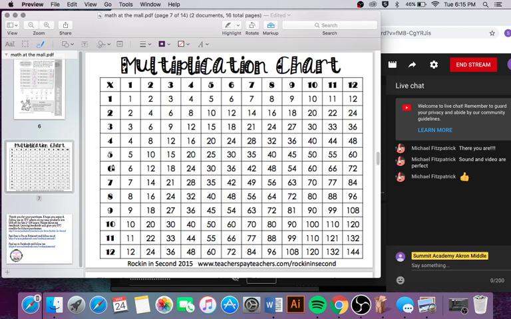So we have 6 and 8. So 6 doesn't go into 8. 12 doesn't go into 8. 18 doesn't go into 8. 24 does. 6 times 4 is 24, and 8 times 3 is 24.